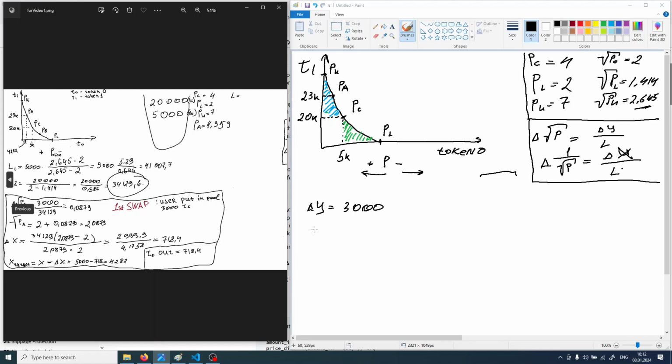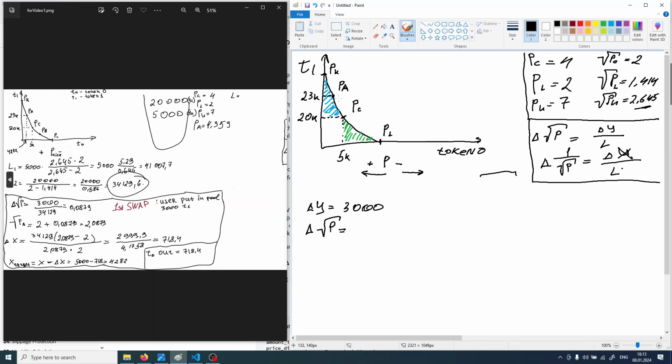So first of all we must find delta square root of price. This means the difference between the current square root price and the square root of price A in point PA.